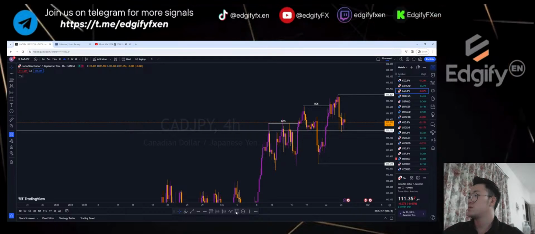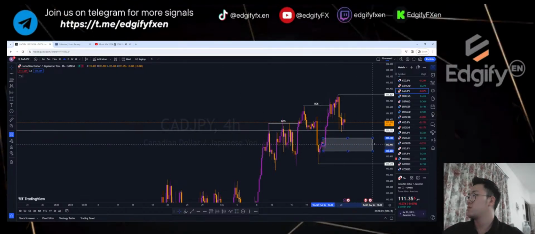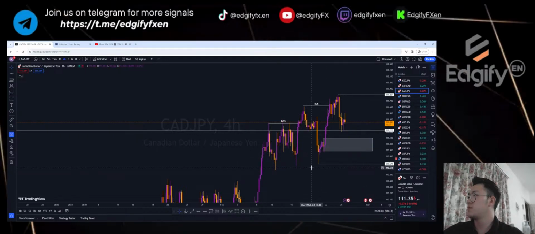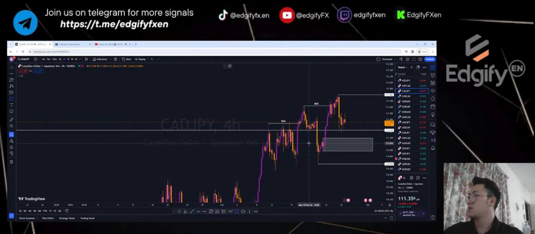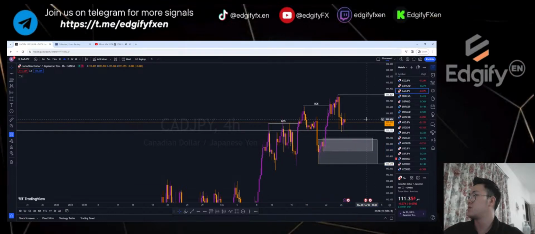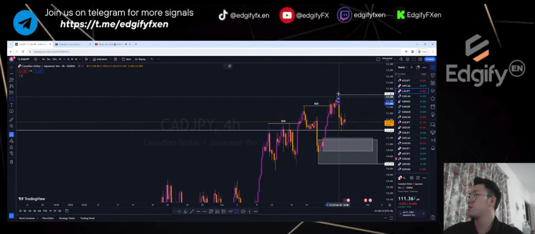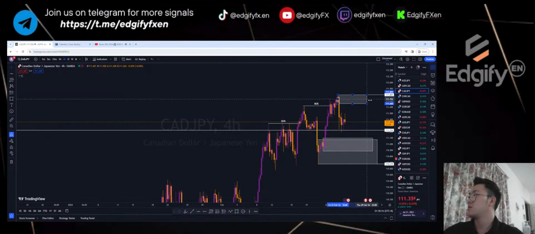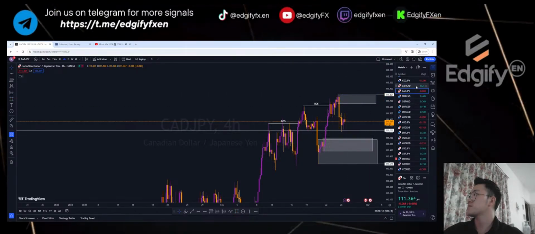So my buy would actually be this level. I'm waiting for this level. I also have this level which correlates with what I've marked just now. So I'll be looking for buys at this level and possible sells for scalp at this level here.